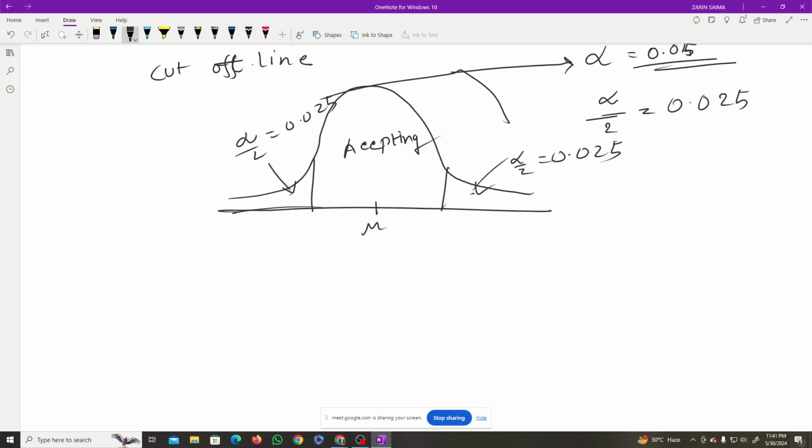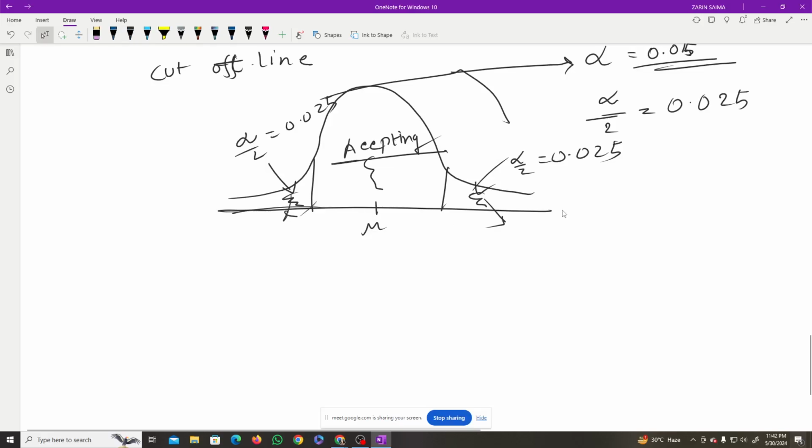If after the z test, which we will do with some examples, our value is somewhere between this part, then we will accept our null hypothesis. But if your value is somewhere in this part or this part, then you will reject the null hypothesis, right?